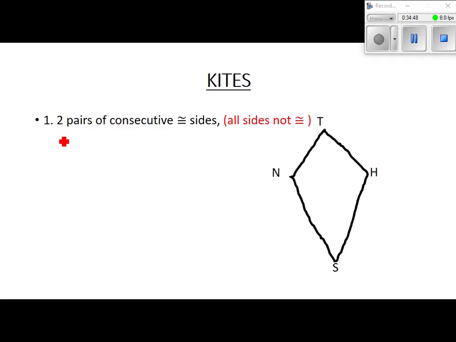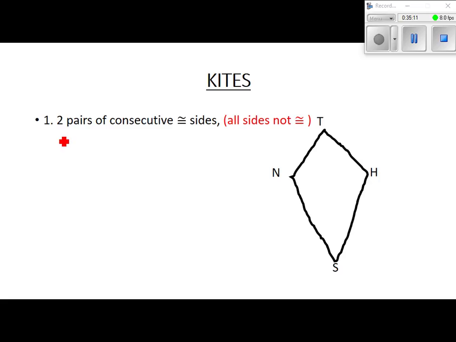This first one ought to tell you, well, no, I guess this first one doesn't completely tell you. Now it sort of does. In a kite, you have 2 pairs of consecutive congruent sides. The definition you'll see in a lot of dictionaries says 2 pairs of consecutive disjoint congruent sides.